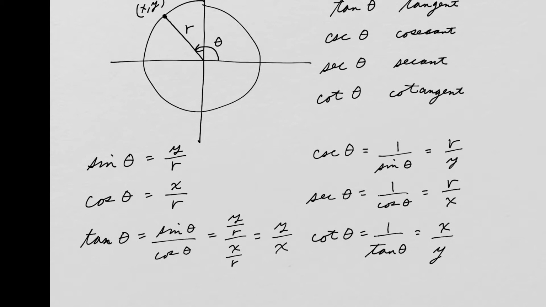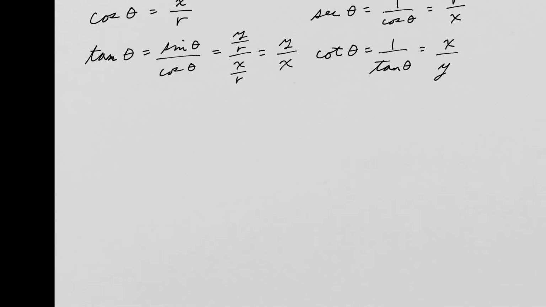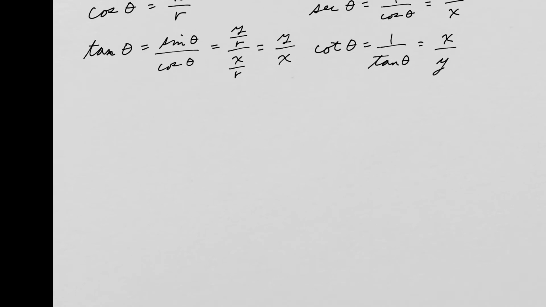Okay, so here's an example. Let me do another page here. Let's say we're told theta is 9 pi over 4.